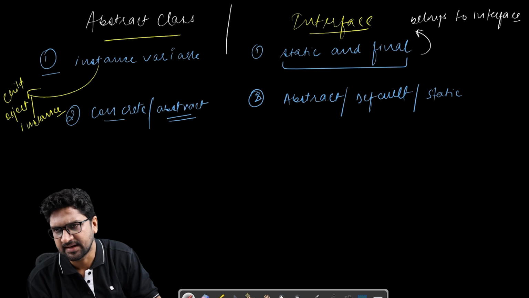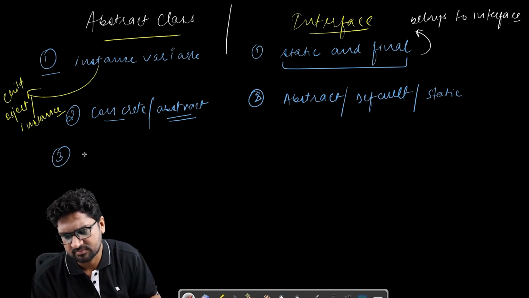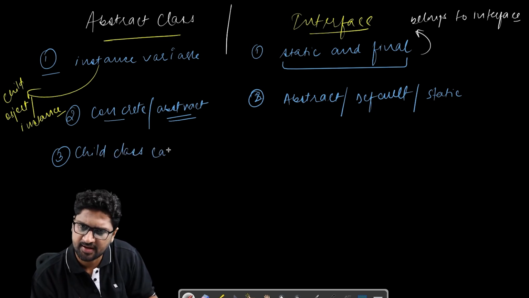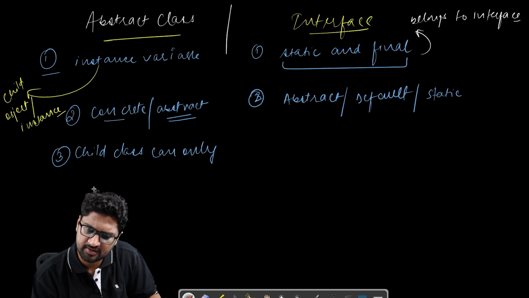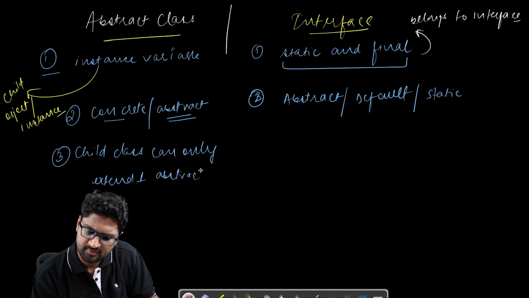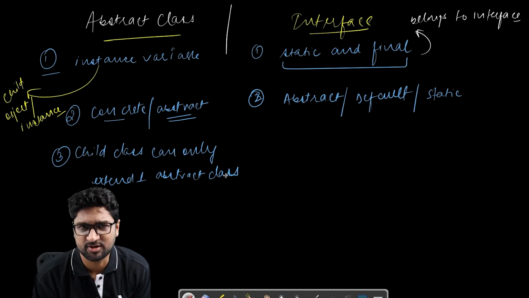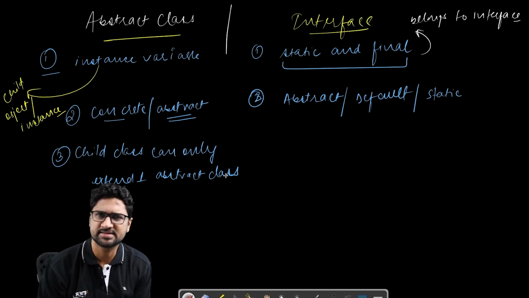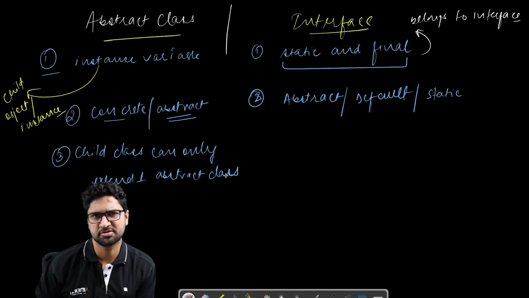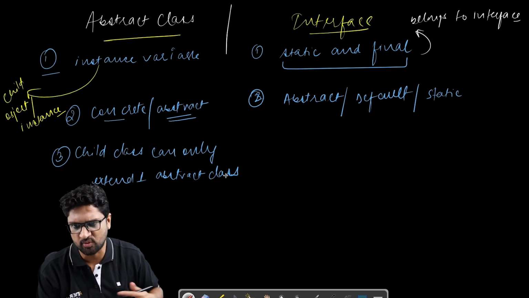Now, number three is that a child class can only extend one abstract class. Now, what does extending mean? We'll talk about that in inheritance, but just for now, understand that if there's a parent-child relationship, any child class can have only one parent abstract class. Only one.